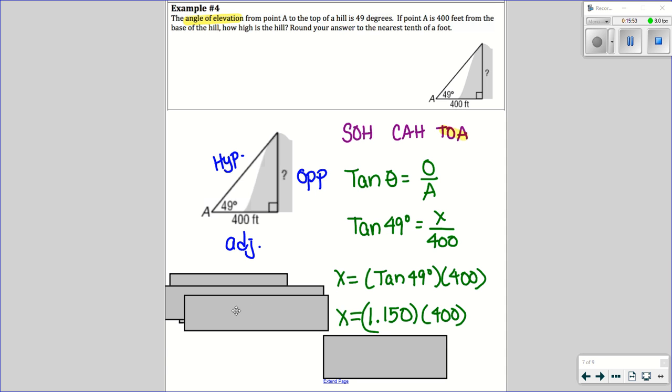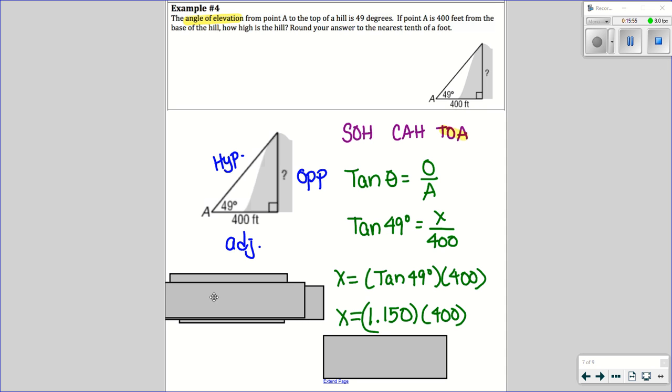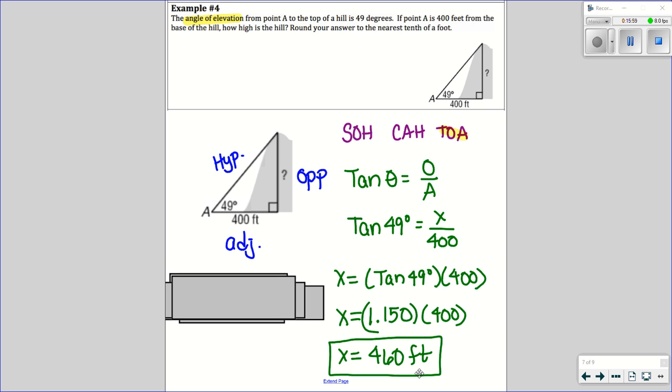And we get 1.150 times 400, and then we have 460 feet as our height. This is rounded to the nearest tenth of a foot. It's 460.0, so it's just 460.